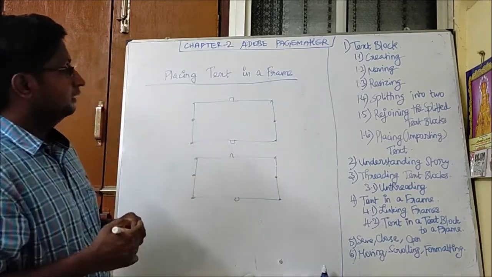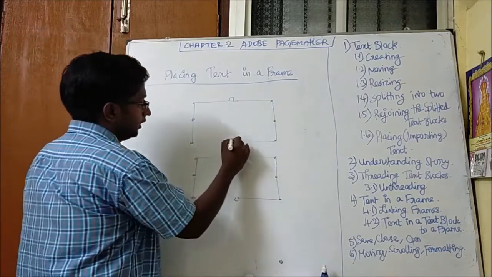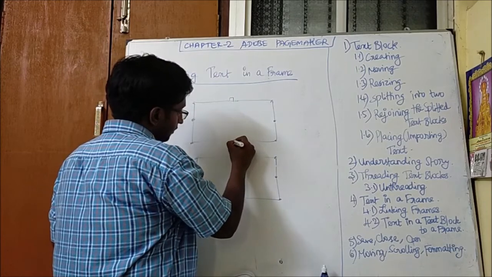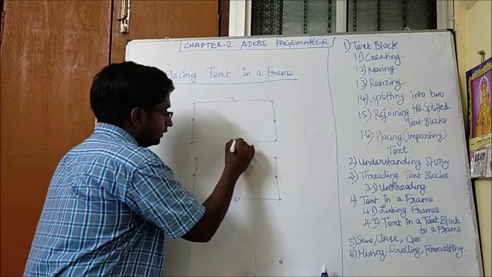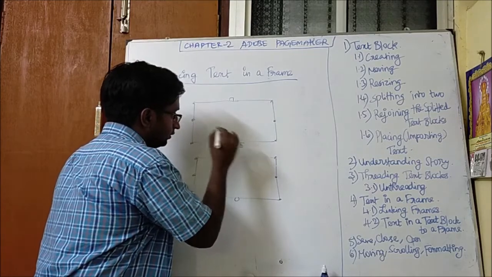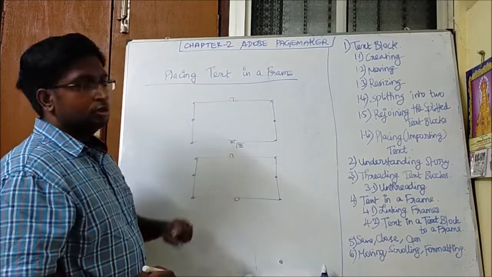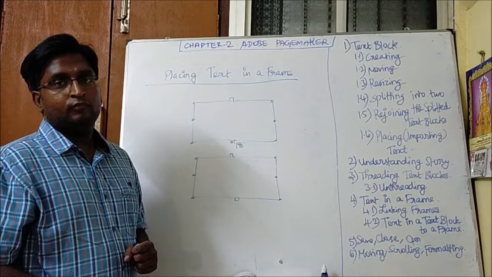So the next is similarly how we load the text by clicking the handle. So a triangle will be available there. While clicking on this, the loading symbol, text load icon will be available there. So once you load the text, click on the second frame.